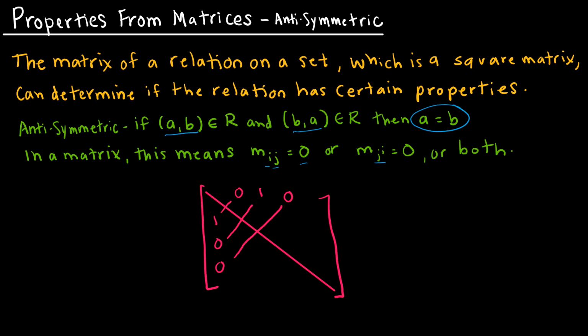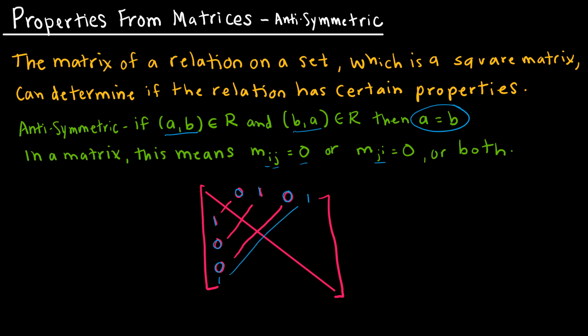But they can't both be ones, otherwise it's not antisymmetric. So notice here I've got a 1 that, if I fold it in half, matches with a 0, or a 0 that matches with a 0, then it is antisymmetric. But if I had a 1 here and a 1 here, now all of a sudden it's not antisymmetric anymore.